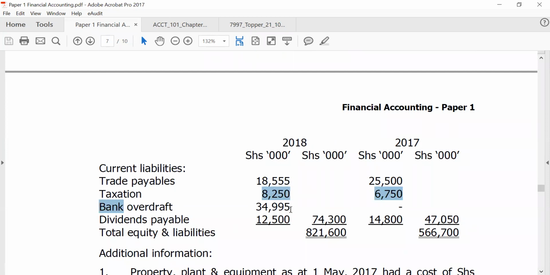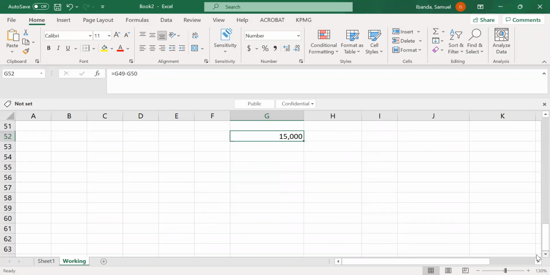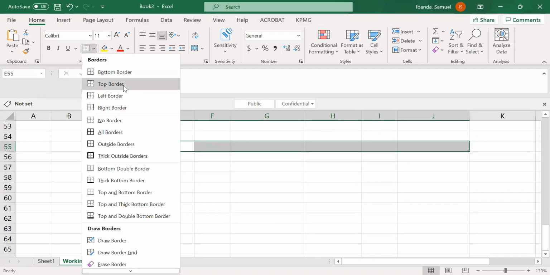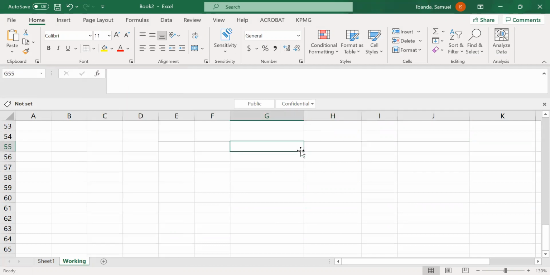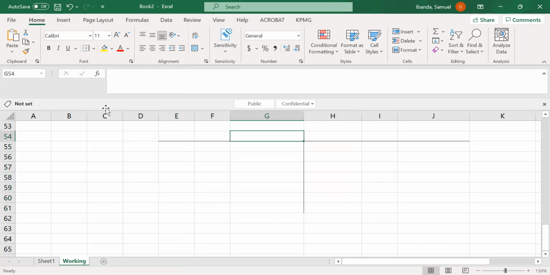So I'll just come here and draw up a dividends payable account, so as to determine the dividends that were paid during the year. So this is the dividends payable account.